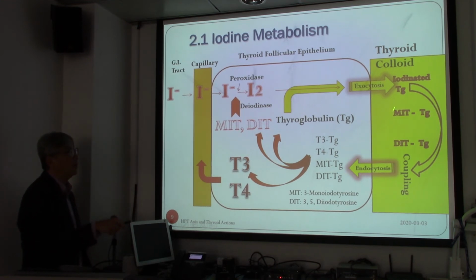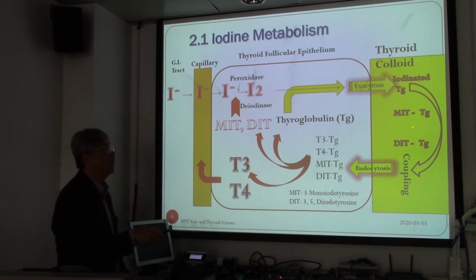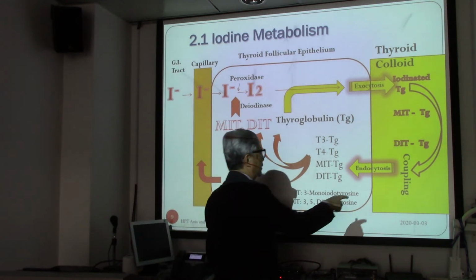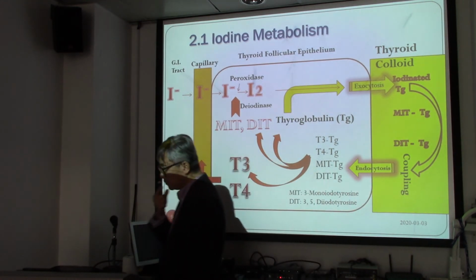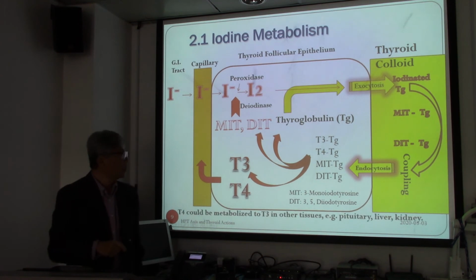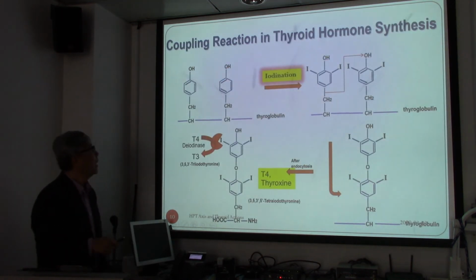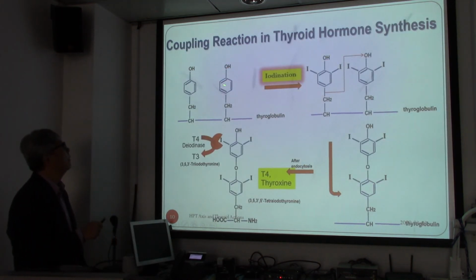But inside the colloid, a very important step is taking place here. That is for the coupling. So what is coupling? Coupling is about the addition of iodine. We call it iodination, number one. After that, these are the tyrosines on this thyroglobulin protein.